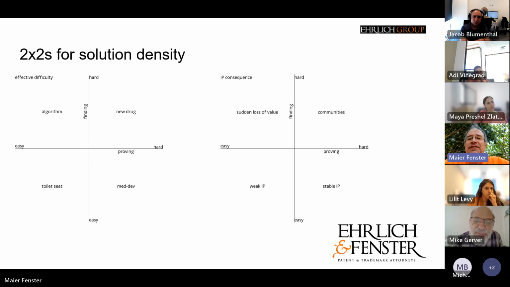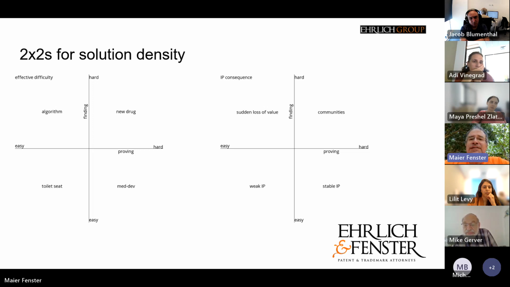In the opposing corner, we have new drugs. They're very difficult to find, and very difficult to prove that they work. In the kitty corners, we have algorithms and medical devices. Algorithms are, and forgive me, software people, generally easy to find, but sometimes difficult to prove that they really are good.